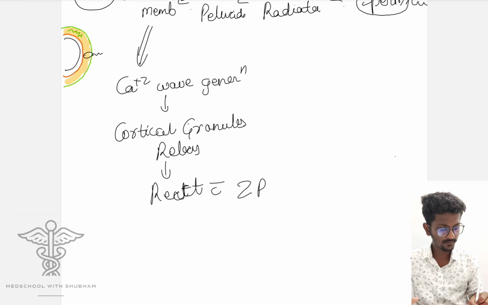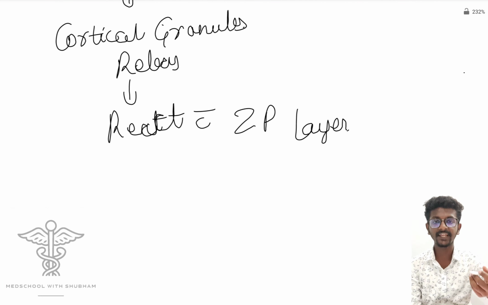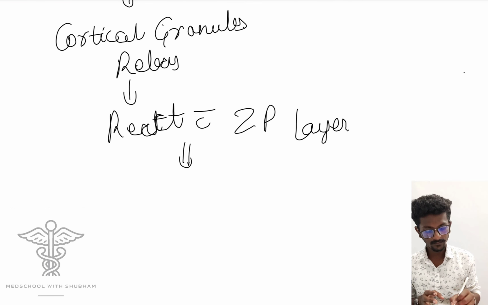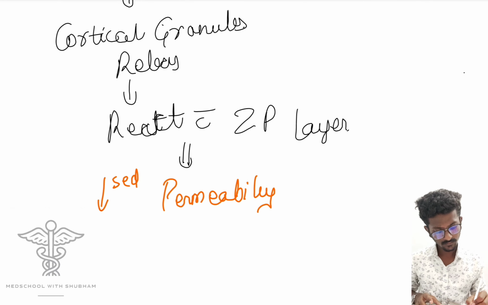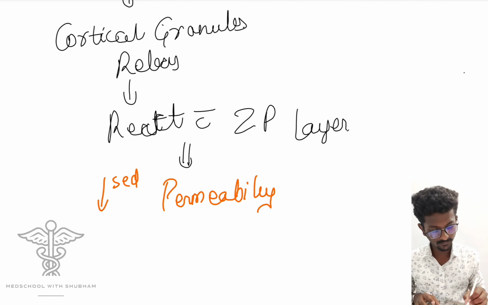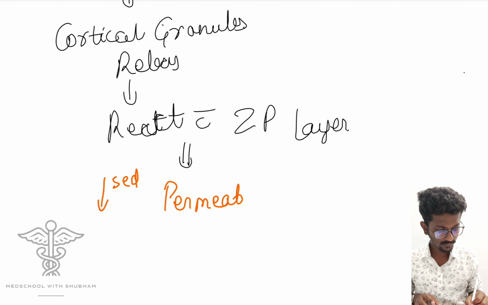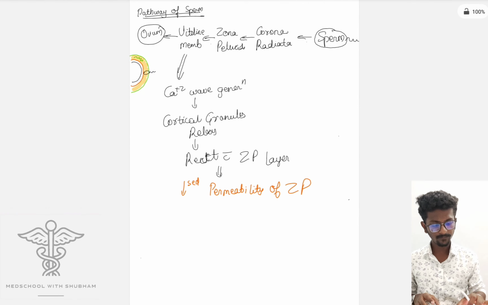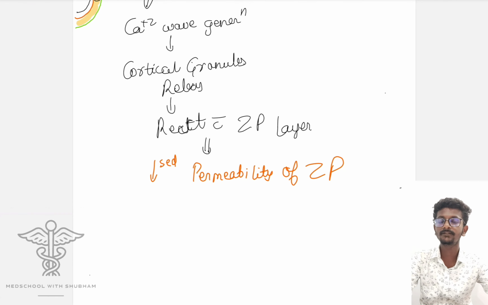Because of this reaction between the cortical granules and the zona pellucida layer, what will happen is decreased permeability of the zona pellucida layer. Now what will happen because of this decreased permeability? This decreased permeability is for the sperms.